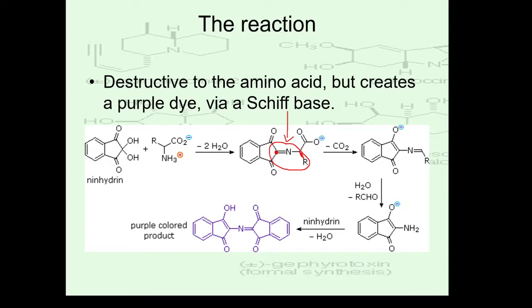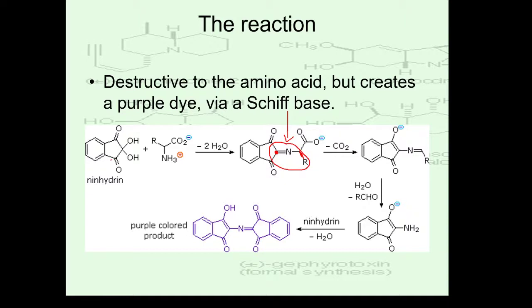So that's why it says it's destructive to the amino acid. Here's the deal with this. If I'm going to test for the amino acid, I'm going to destroy the amino acid. So I'm not going to be able to tell what amino acid it is. Basically, this test is a positive test for amino acids. It's not going to isolate them.